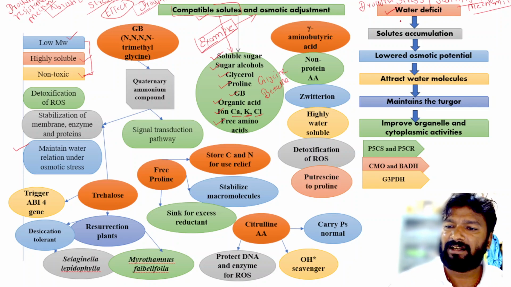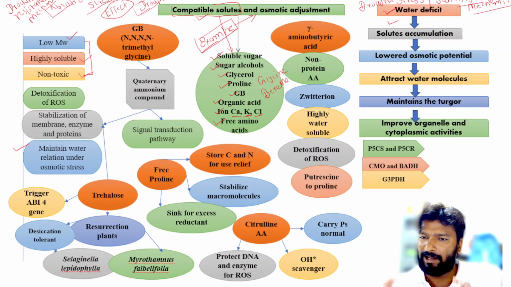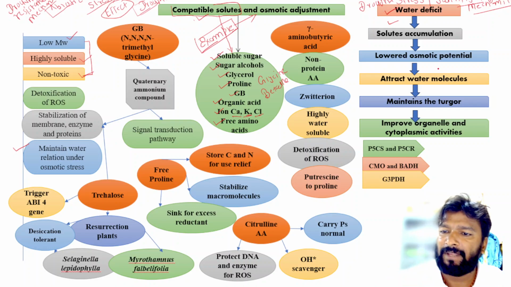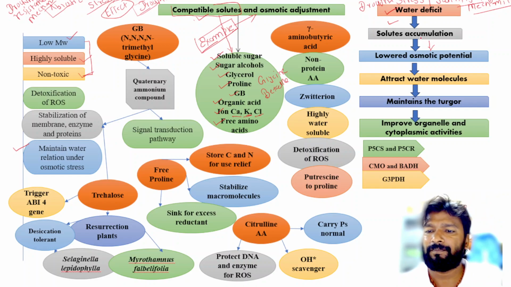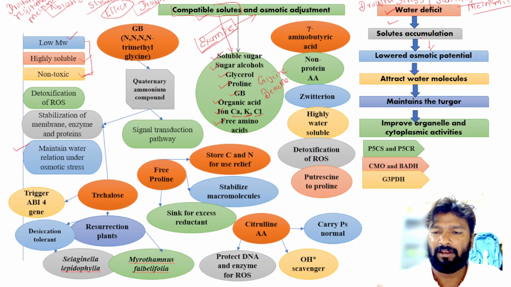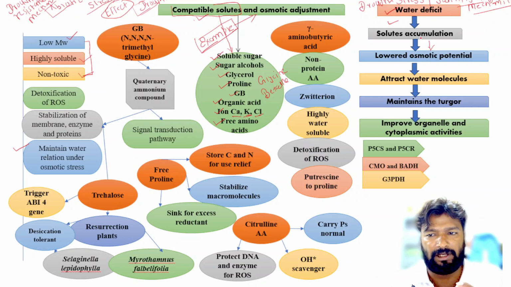Under this water deficit condition, these compatible solutes accumulate. So when there is an unfavorable situation, there will be an accumulation of solutes, known as compatible solutes. And these compounds have the ability to lower the osmotic potential.